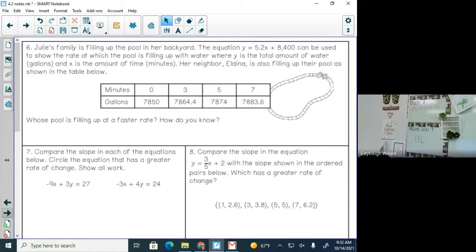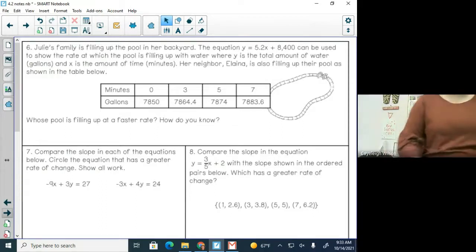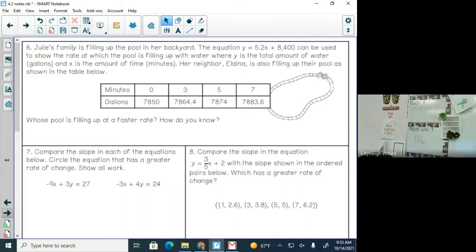I put them in a box because they kept falling off into the trash can. Hey, you're back. We're on number 6.